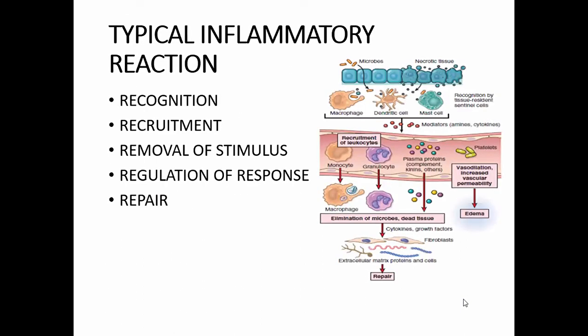So the typical inflammatory reaction develops through a series of sequential steps, which includes the recognition, recruitment, removal of the stimulus, and then regulation of the response, and then repair.